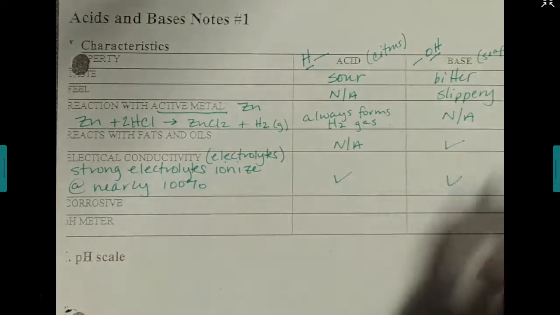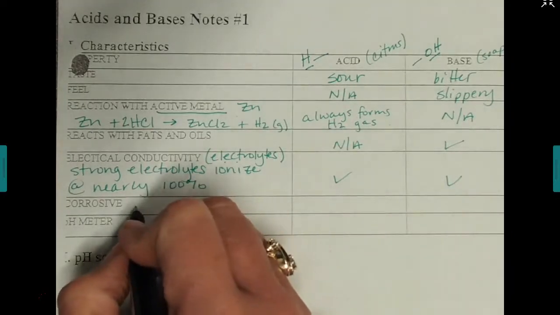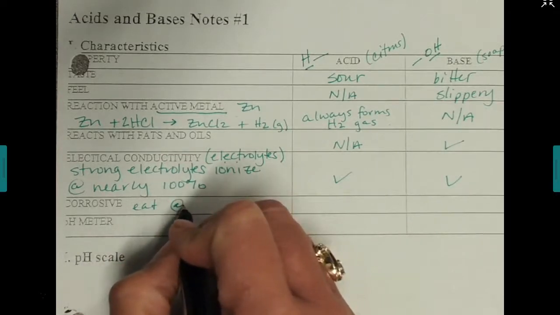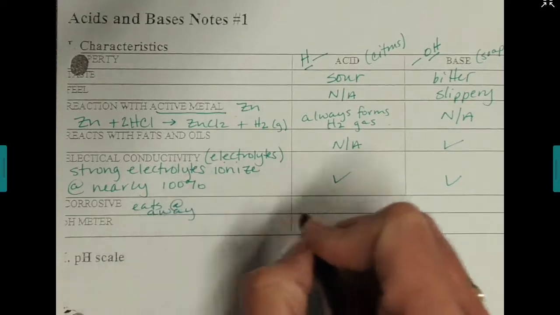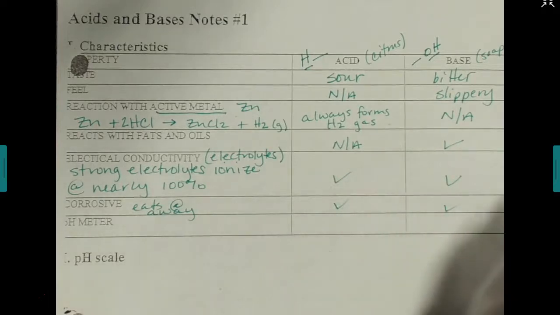And both acids and bases do that. Corrosive. Well, remember, we learned that corrosive means eats away at. And both of these are corrosive.